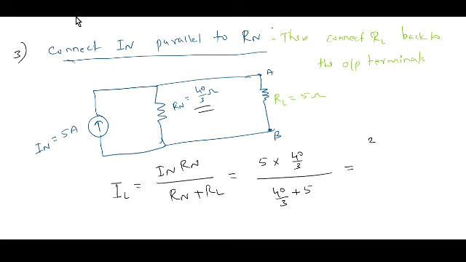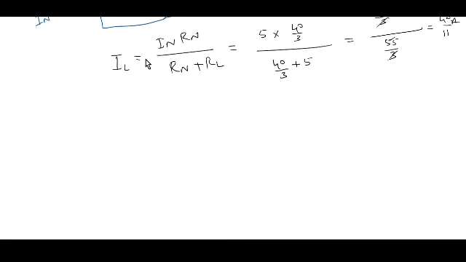That is, this is 200 by 3 divided by 55 by 3, and the 3 and 3 got cancelled. This is 200 divided by 55, that comes around 40 divided by 11 ampere. That is the load current, that is nothing but 40 divided by 11 ampere.